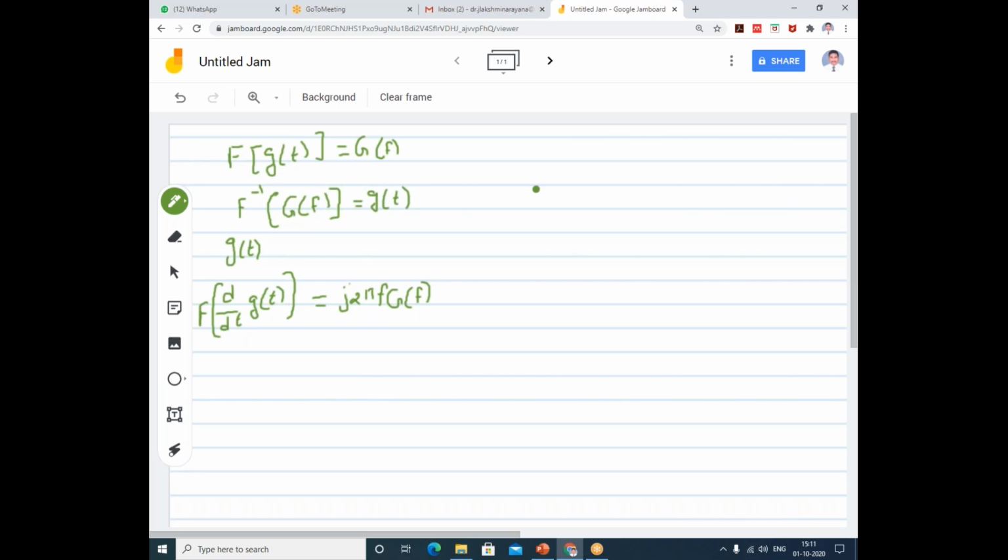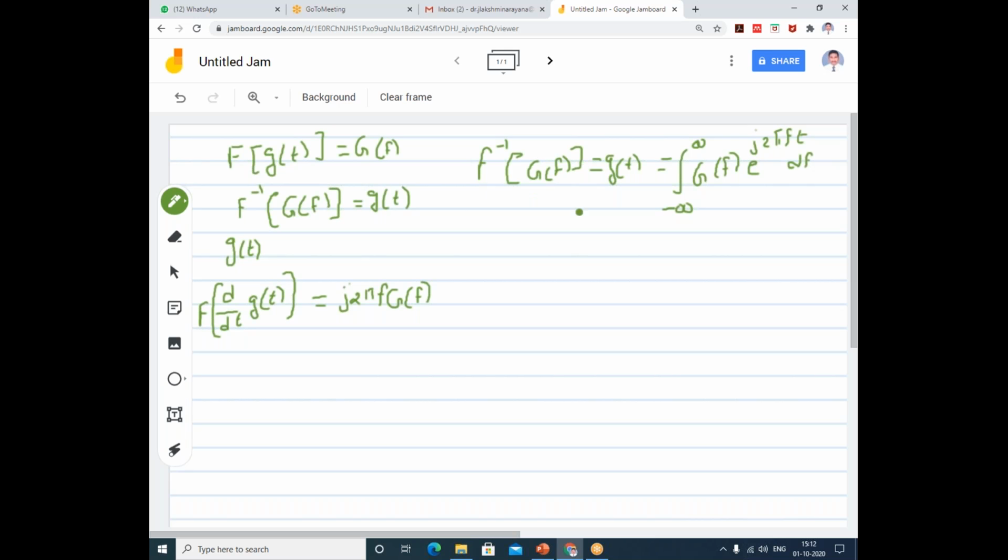We know the inverse Fourier transform of G of f is g of t, which is equal to the integral from minus infinity to plus infinity of G of f e power j 2 pi f t df.